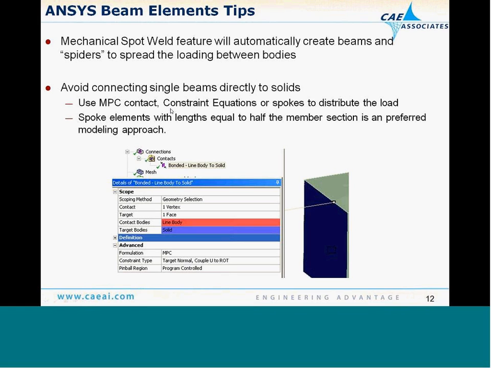In the earlier example where I showed the beam and solid model with no connectivity between the two, we can use an MPC contact, where the contact is the line body and the target is the face. This will write constraint equations that accurately transfer the rotational degrees of freedom from the beam to the translational degrees of freedom of the solid.